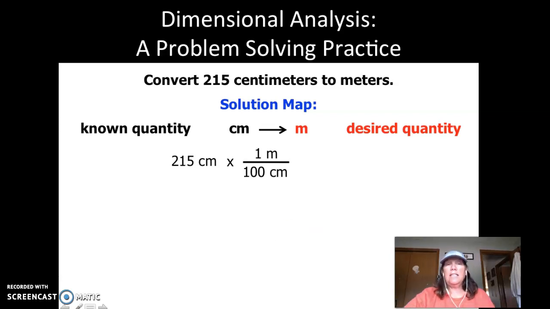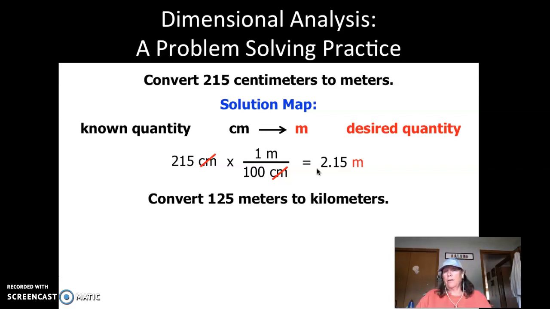So now you can see I got rid of centimeters and I got meters, and that's what I'm looking for. So I'm just going to take 215 and divide by 100. Centimeters cancel out, and so now I know that there's 2.15 meters in 215 centimeters. I converted it from one unit to the other. They still equal each other, but now it's in a unit I probably want to work with, okay?